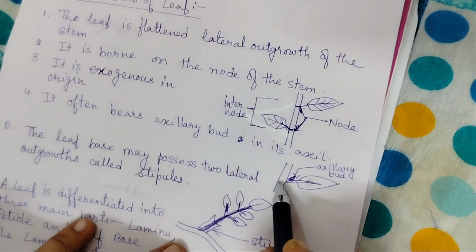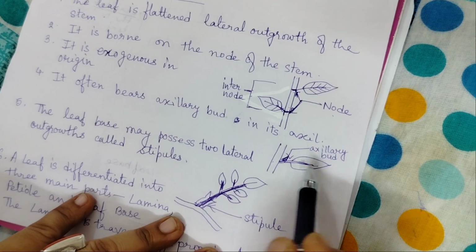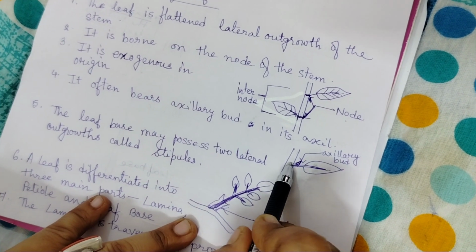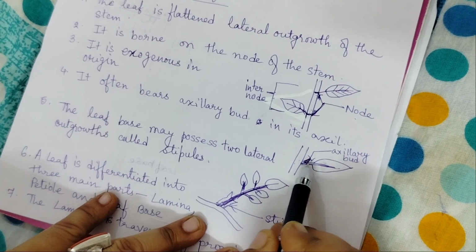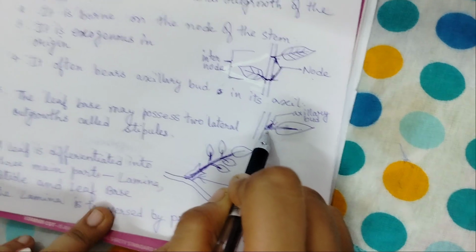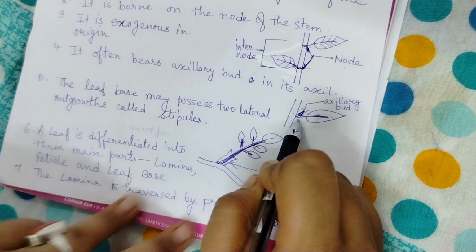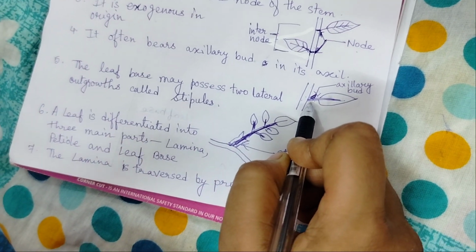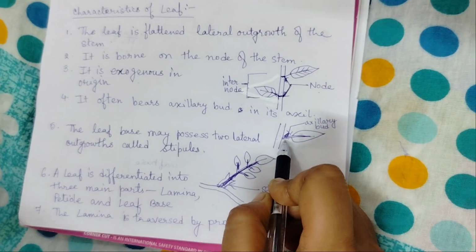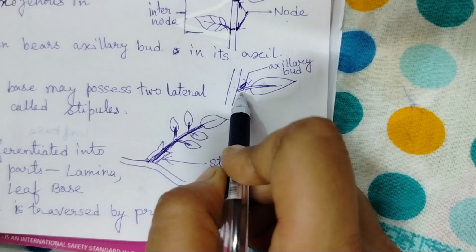This is stem, and here the leaves emerge out. Between the stem and leaf, if there is any bud present, it is known as axillary bud. In my another video, you can know in detail about different types of bud. So today we just focus on leaf structure.